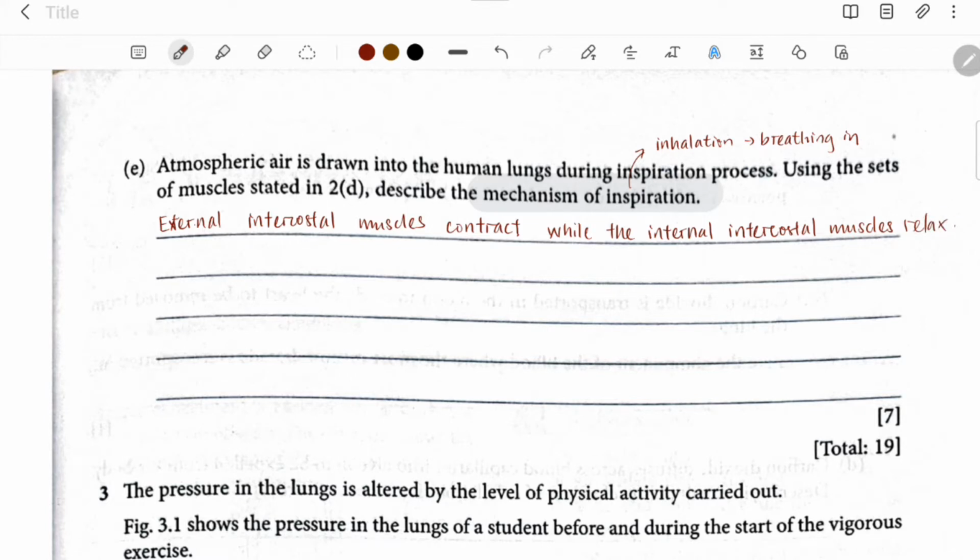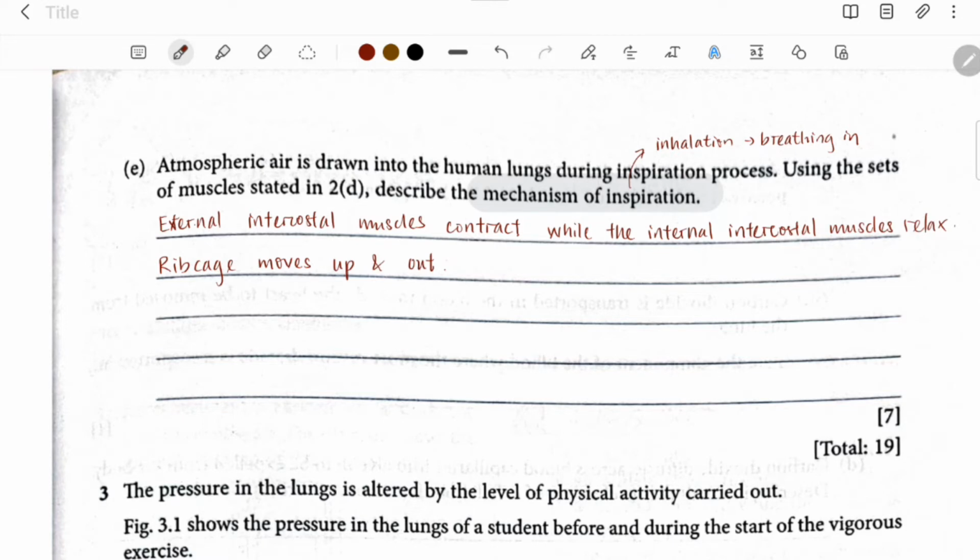And then after that, you can talk about the diaphragm. One set of muscles contracts and the other relaxes. This causes the rib cage to move upwards and outwards. So rib cage moves up and out.